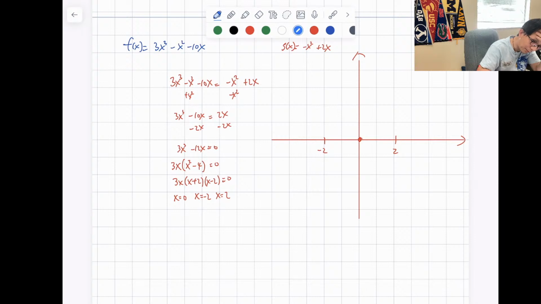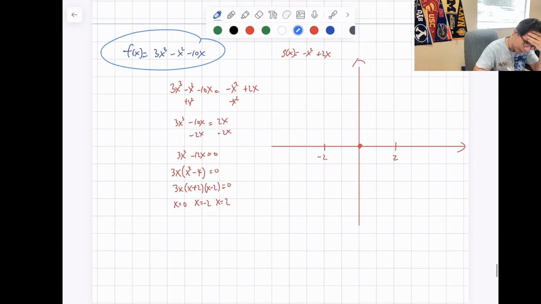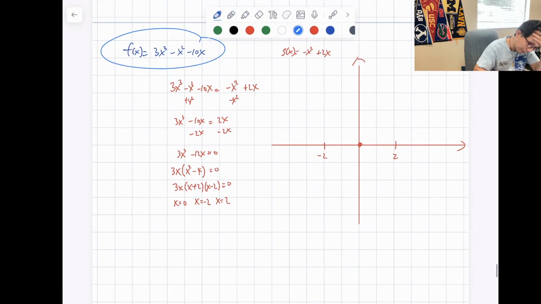So let's just say my goal is to graph just this alone. Don't take a derivative. Just factor. Factor out x: 3x squared minus x minus 10. And I can factor more. So that's going to be 3, 1, 2, 5.